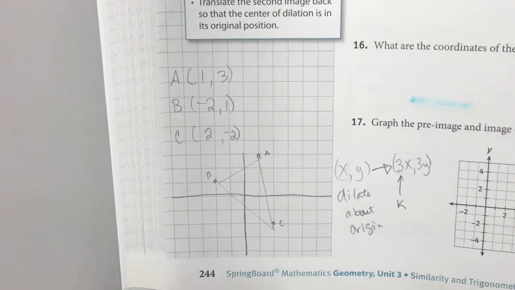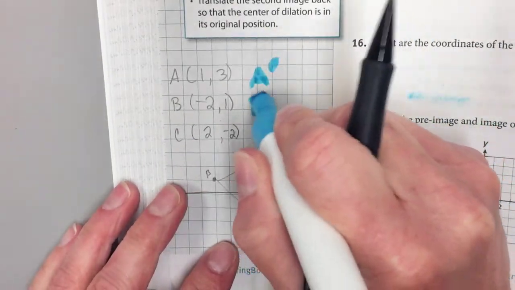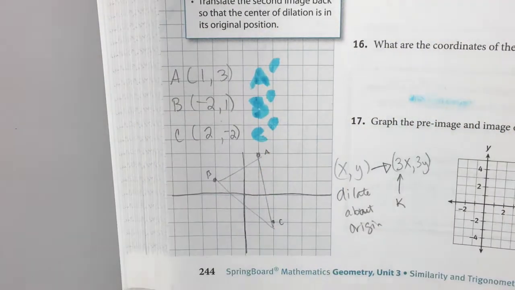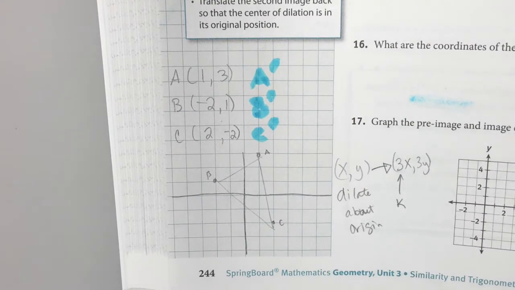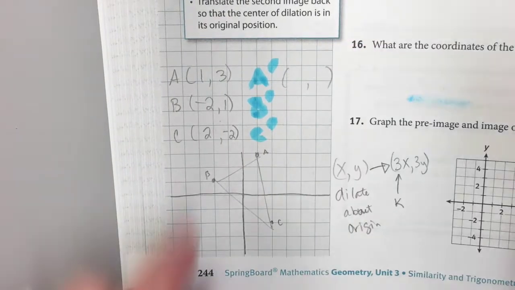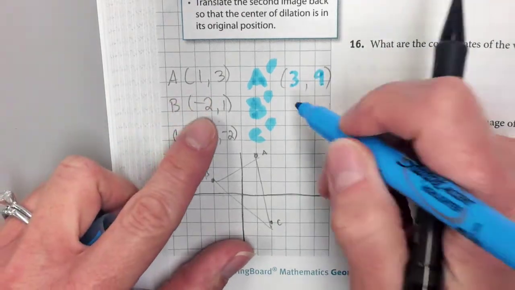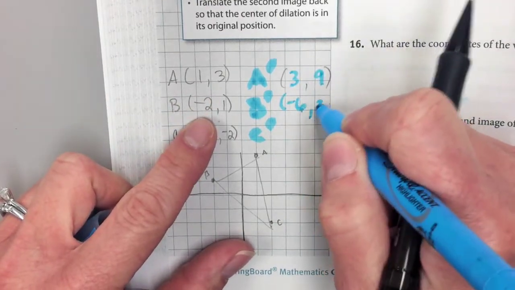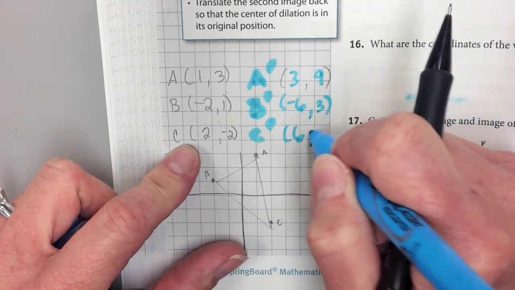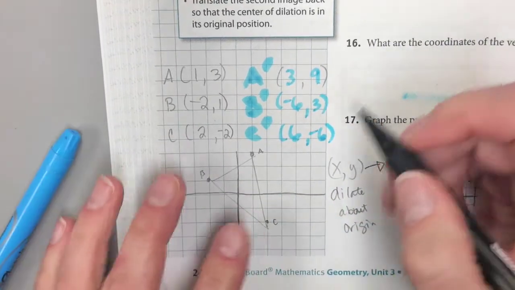So what we're going to have is an A prime, a B prime, and a C prime. It's just kind of big because I'm using a highlighter. Maybe this highlighter in blue will be better to see. So our new ordered pairs, we're going to triple what we have. We're going to have a 3 and a 9, a -6 and a 3, a 6 and a -6. So I'm going to have to be off my chart a little bit.